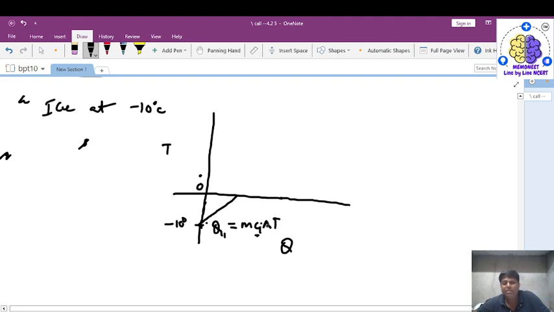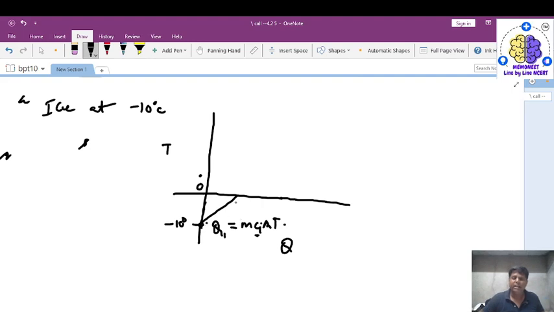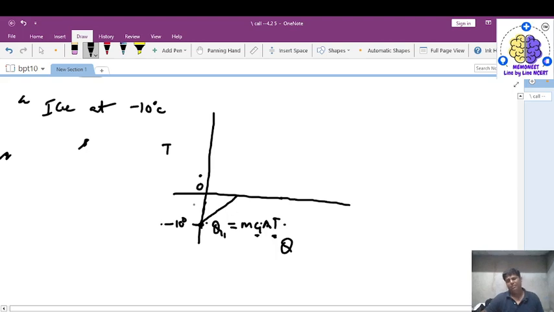And delta T will be equal to 10, because we are moving from minus 10 to 0. If you see carefully, this is a slant line, Q equals MC delta T, because there is a change in temperature.